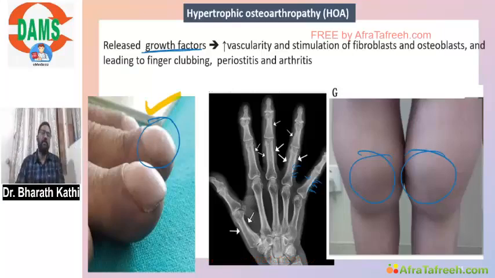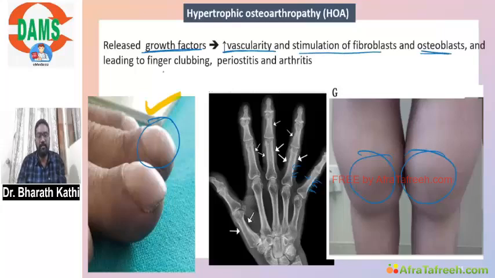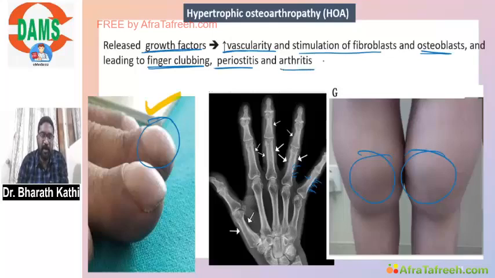These released growth factors increase the vascularity and stimulate fibroblasts and osteoblasts. That results in not only finger clubbing but also periosteitis. Can you see around the bones there is proliferation, and also there will be arthritis.